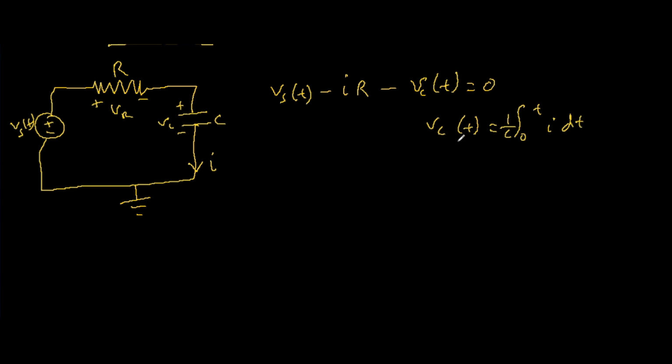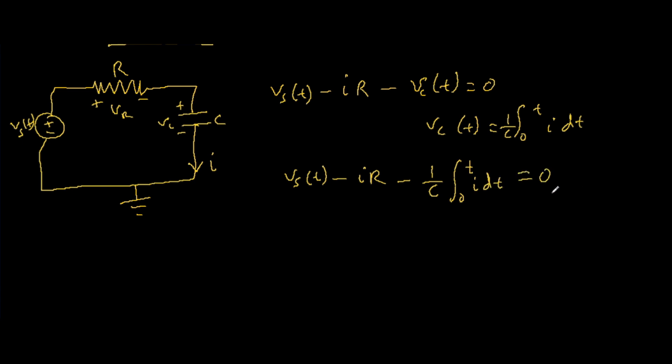This is our Vc. So we can slot that in here. And we have our Vs of t minus IR minus 1 over c, integral from 0 to t of I dt is equal to 0.